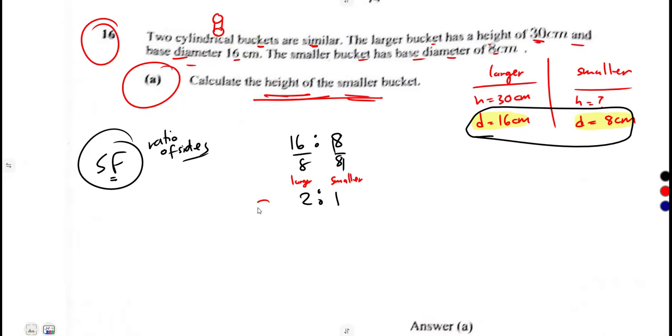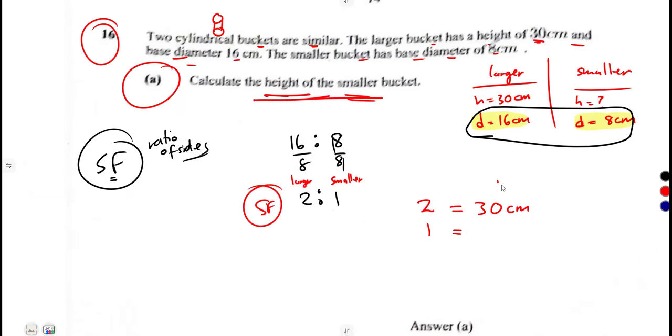So to find now the height, we can use this ratio, which is our scale factor. Because we are simply saying from this, the larger cylinder with a ratio of 2, it has got a height of what? We do not know. But the smaller one with a ratio of 1 has got a height of what? Sorry, we are asked the one of the smaller one. We know this one of the larger one, the height is 30 centimeters. Sorry for that.